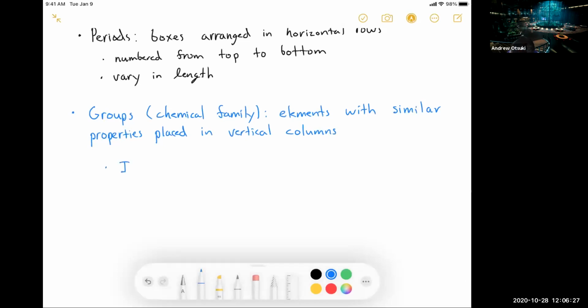They are identified by two rows of numbers across the top of the table.